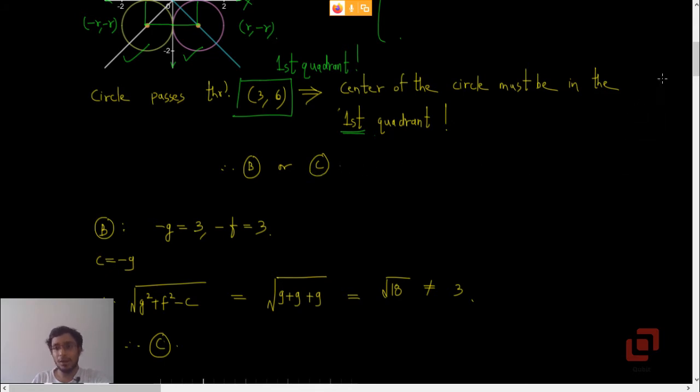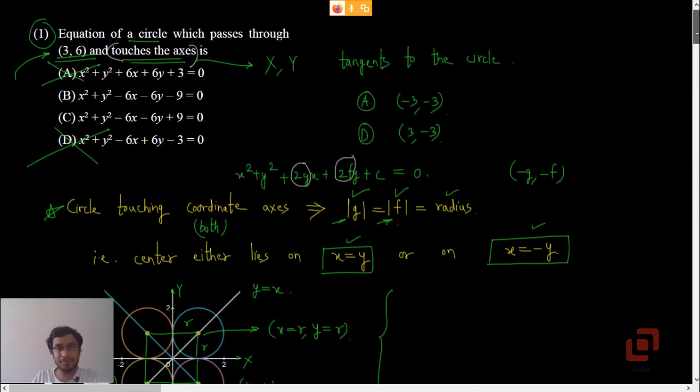Okay, now what we are going to do is find the radius of the circle. We already know that in options B and C, the center of the circles is the point 3, 3.